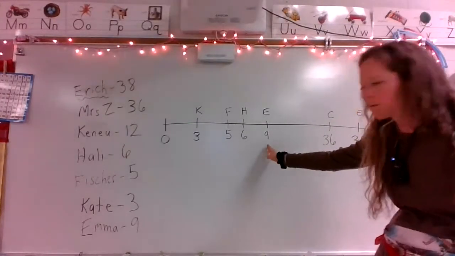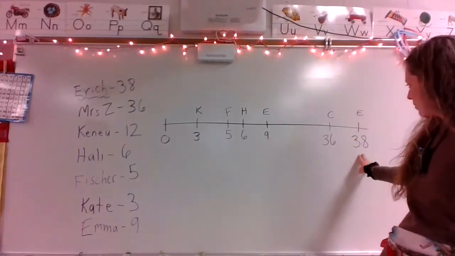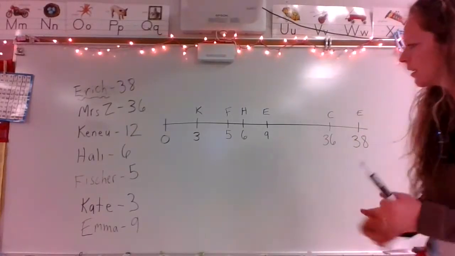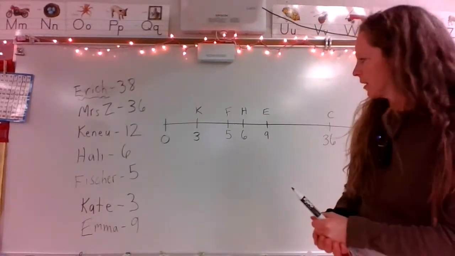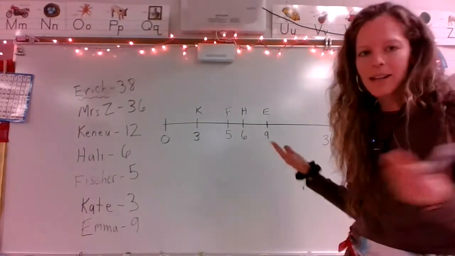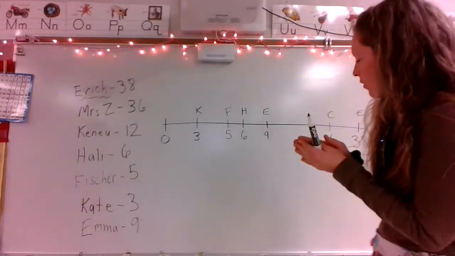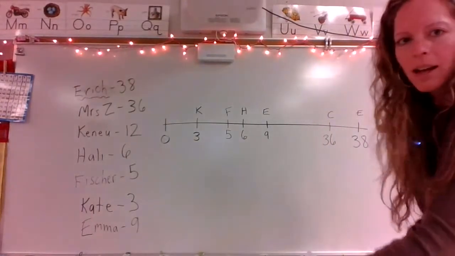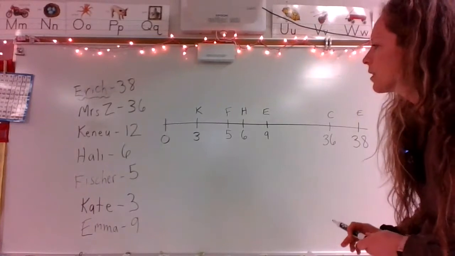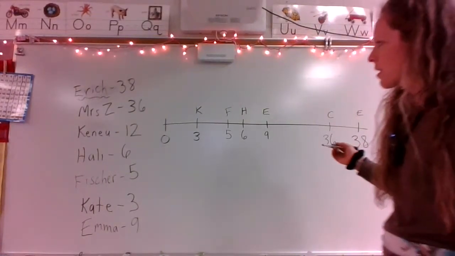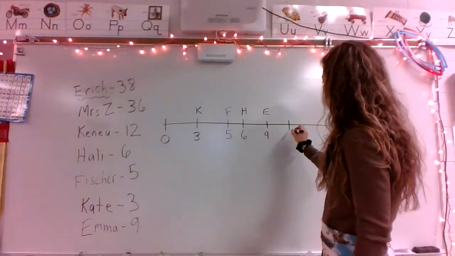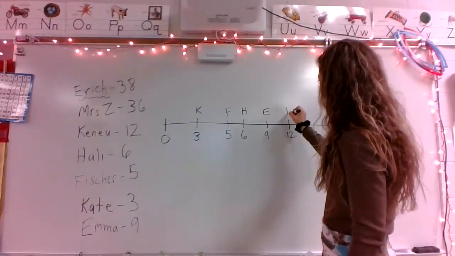I'm already about halfway and my biggest number is 38. So either two things. I can start over. The next time I'll know to squish them together a little bit more or draw a little bit longer of a number line. But for the sake of time, I'm just going to add in our last number. That is Canoe. She's 12.